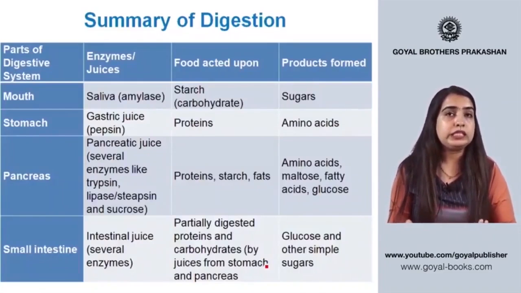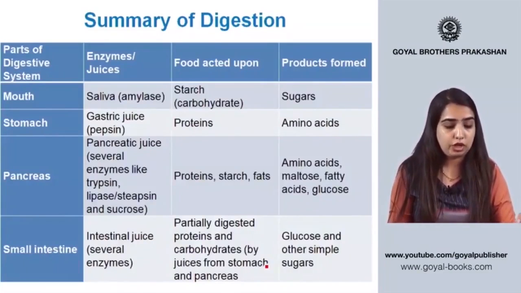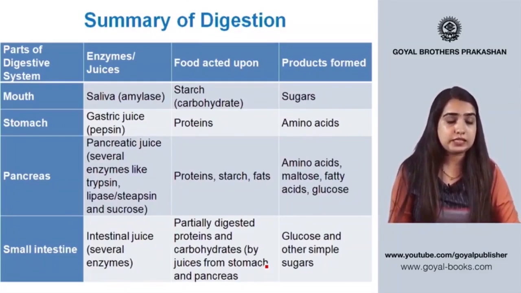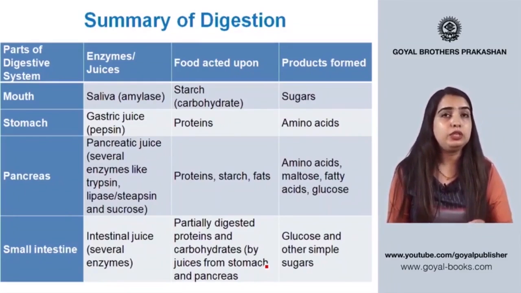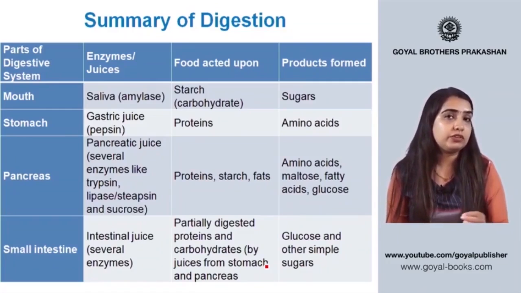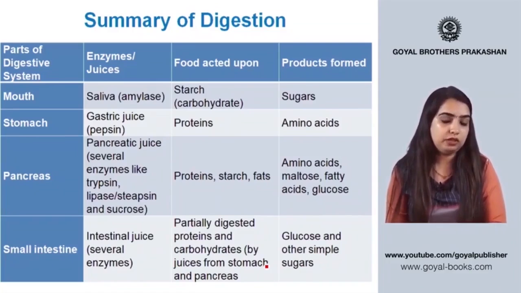Now here in this tabular form in the picture that you can see on the screen, there is a summary of digestion wherein we talk about the various parts of the digestive system along with the enzymes or juices that they secrete and the food they act upon, and finally what products are formed after the enzymes or gastric juices act upon the food.